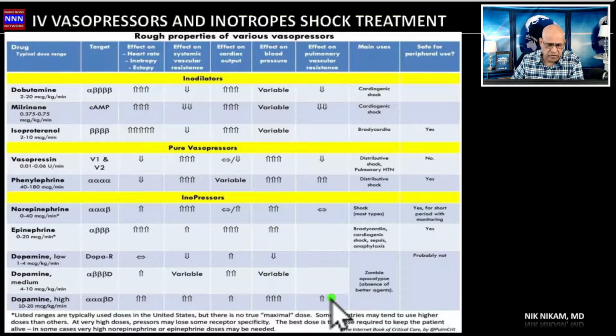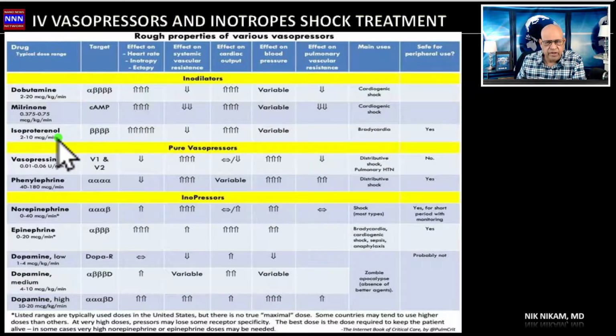And here's a different chart looking at the same things, but by looking at how significantly they act on either the alpha or the beta receptors. There is one drug here which I'm going to be talking about, isoproterenol, which is isoprel, a beta stimulant, and also causes some hypotension.